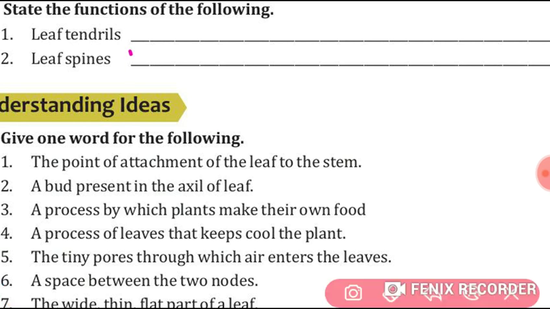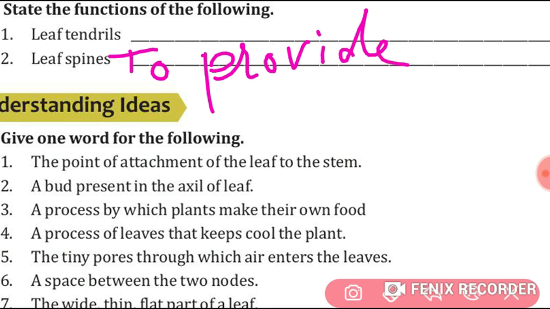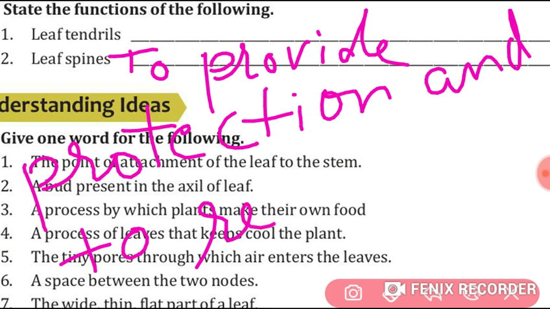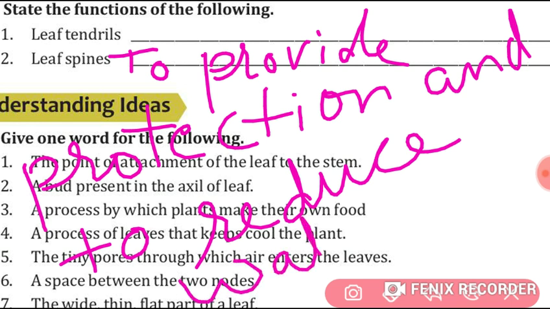Now, leaf spines. Students, write: to provide protection and to reduce water loss.